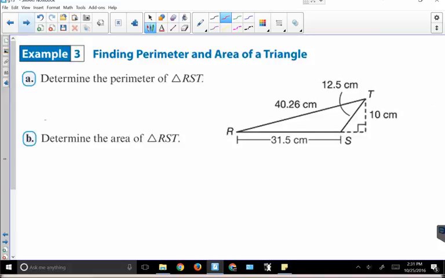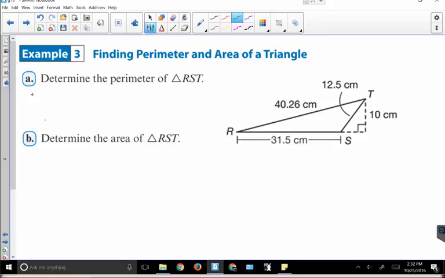Okay. So if I want to find the perimeter of something, that means I have to do what to it? Are you sure? Positive? Add what? What measurements? What sides? Okay, the sides of the triangle. So what's one of the sides of the triangle that add together?